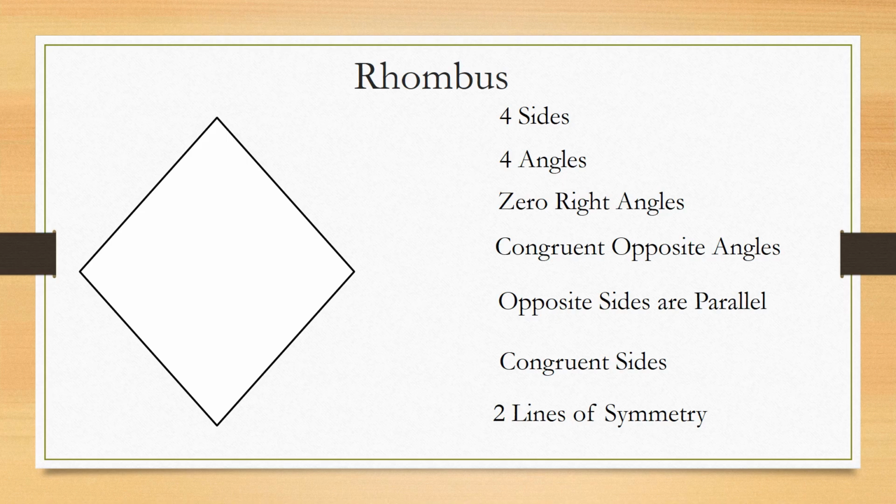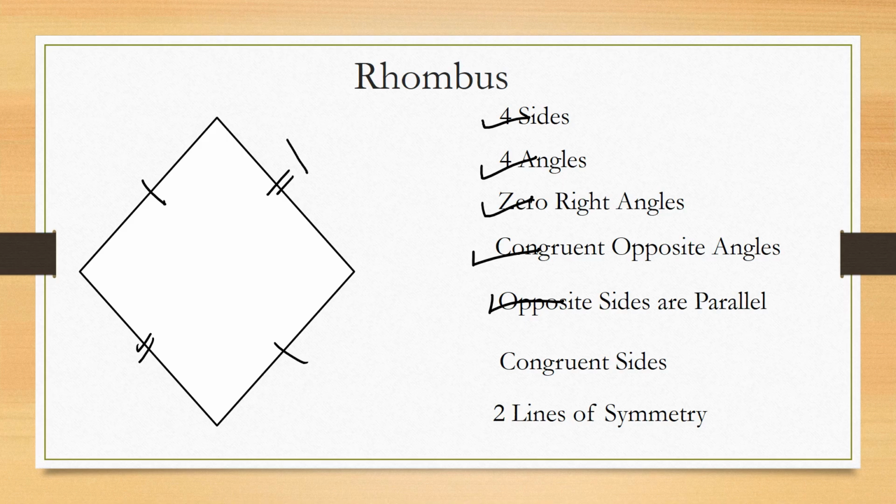The rhombus has four sides, four angles. There are no right angles. There are congruent opposite sides. So this side is congruent to this side, and this side here is congruent to this side. The opposite sides are parallel to each other.